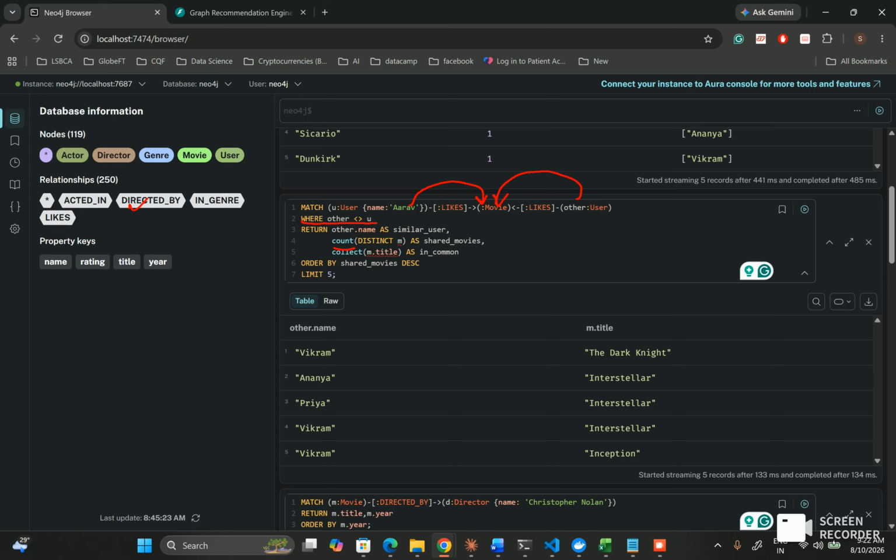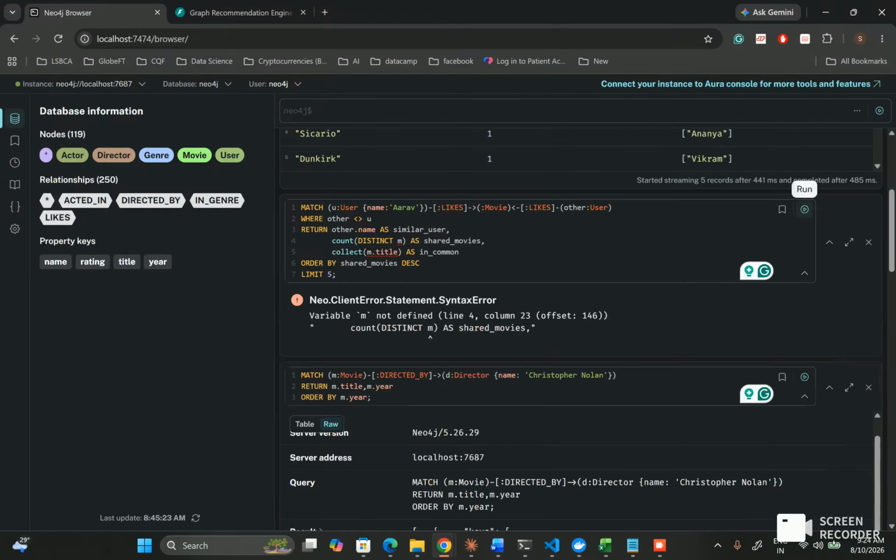And this line is what captures the difference as an actual number. Now, right alongside it, we also keep a list of exactly which movies matched. So we are not just seeing the score.